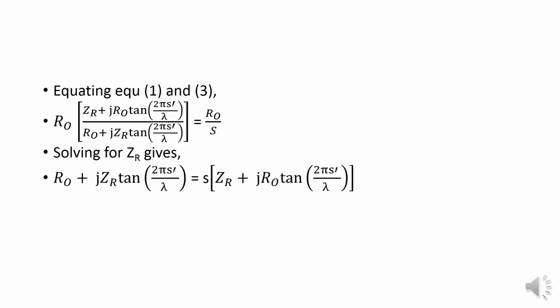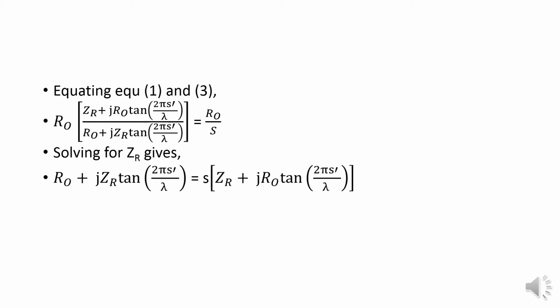Then we have to equate equations 1 and 3. So R naught into (Zr + j R naught tan 2 pi S dash divided by lambda) divided by (R naught + j Zr tan 2 pi S dash divided by lambda) is equal to R naught divided by S. The R naught will be cancelled on the right side and the left side of the equation. So we have to solve for the Zr value. Based on this we cross multiply the equation.